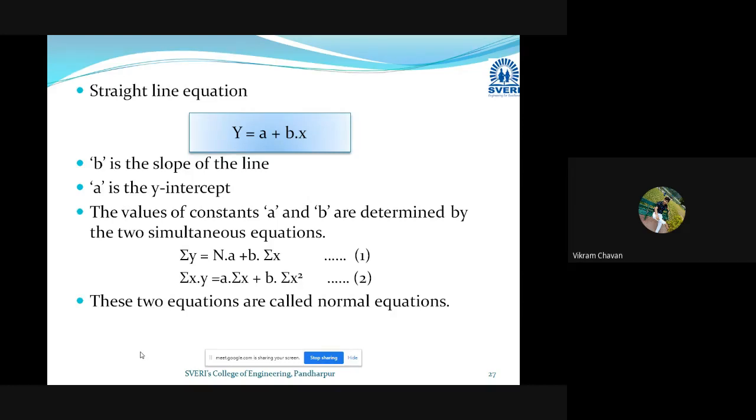The second equation is summation of x multiplied by y is equal to a multiplied by summation of x plus b multiplied by summation of x square. These two equations help us find the values of a and b, and they are called the normal equations.